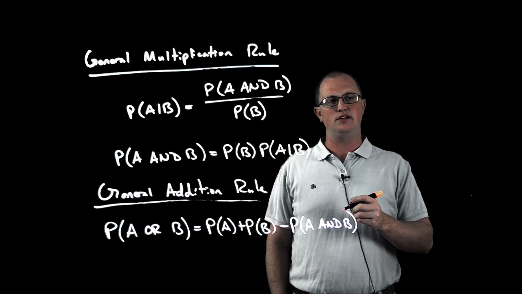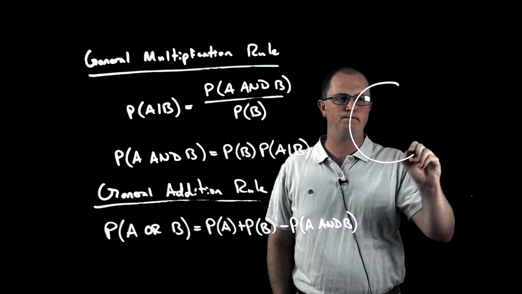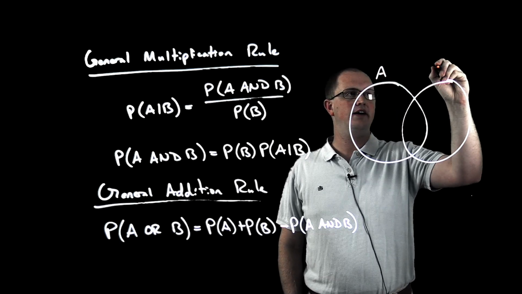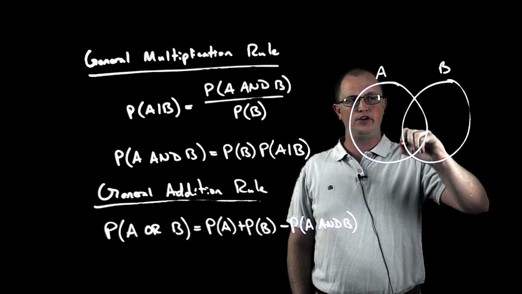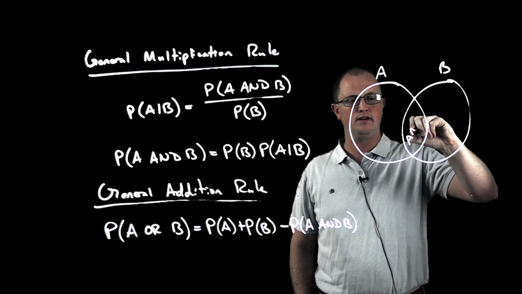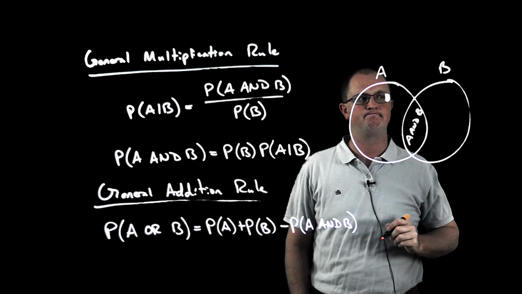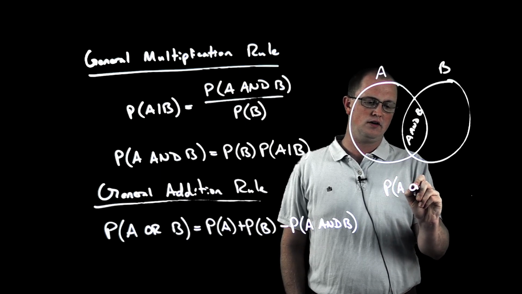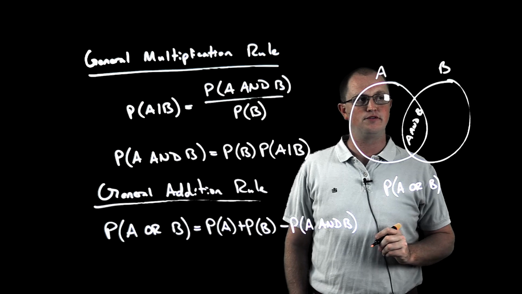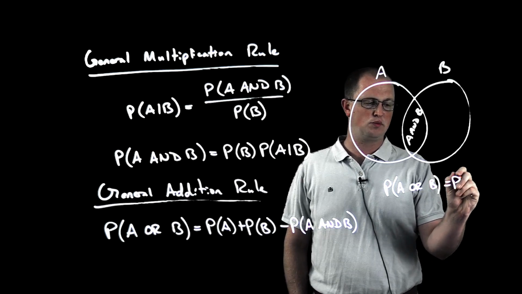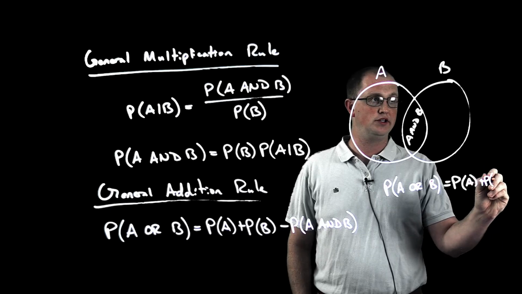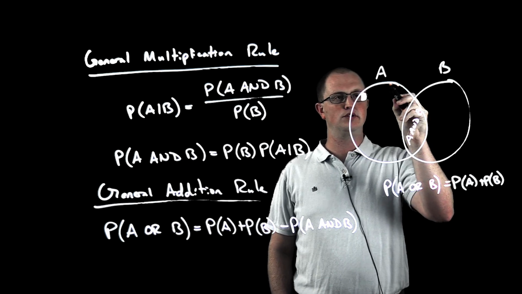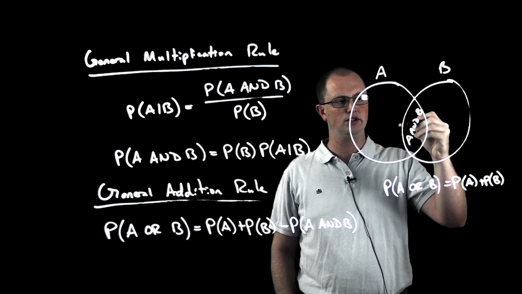So let's think about what this says and visualize this using a Venn diagram. So if this is event A and this is event B, then the overlap here is A and B. And so if we were to calculate the probability of A or B and use the formula that we've previously introduced, the probability of A plus the probability of B, then the probability of A is going to include everything in this circle, including the overlap.